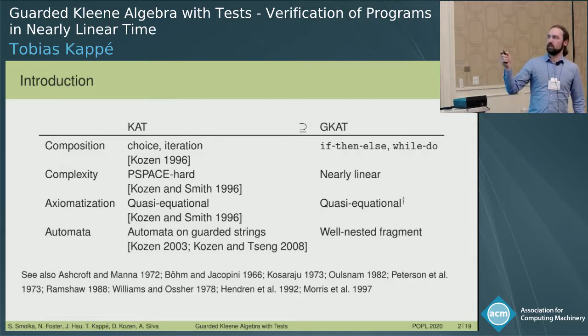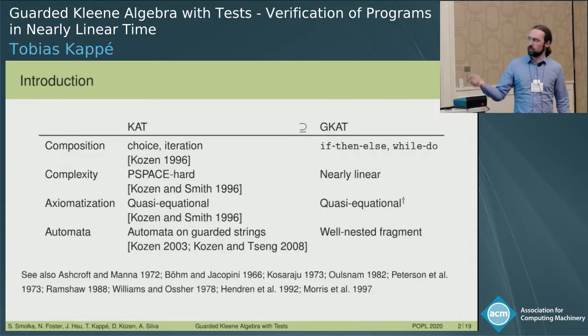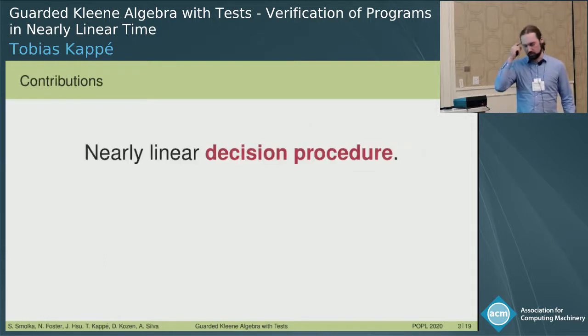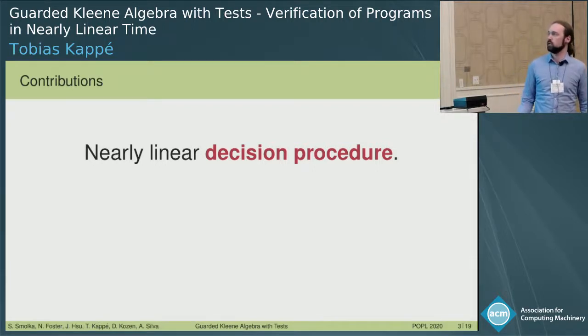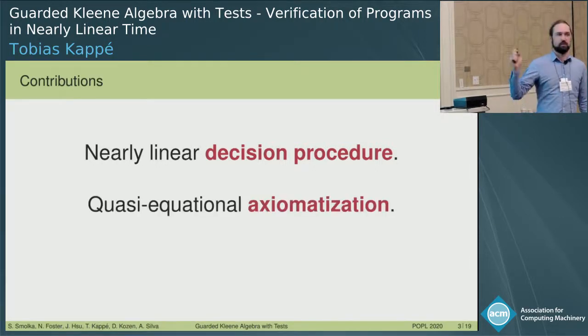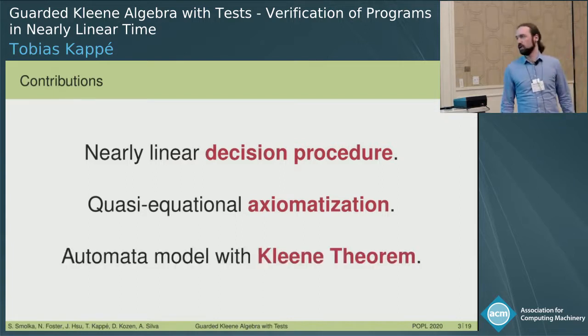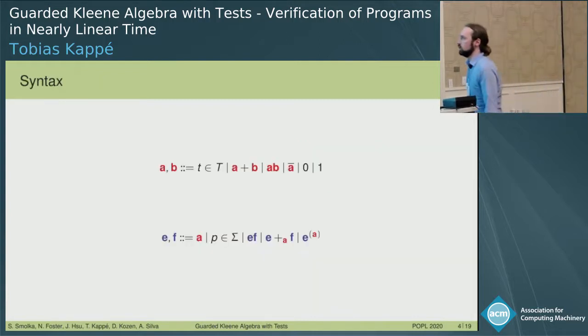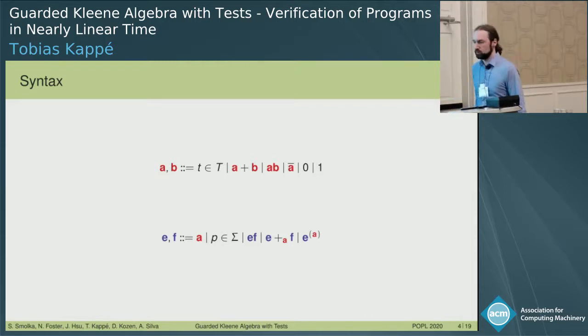And the automata that correspond to these programs are a fragment of the automata on guarded strings. So just to drive this home, we can decide equivalence in nearly linear time. We have a quasi-equational axiomatization and an automaton model that corresponds to these programs both ways, which is known as a Kleene Theorem.